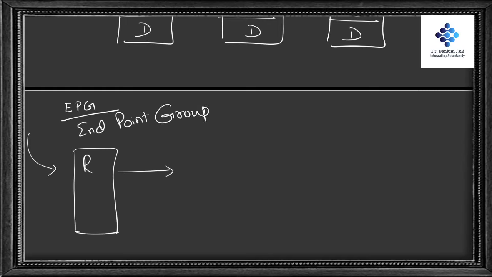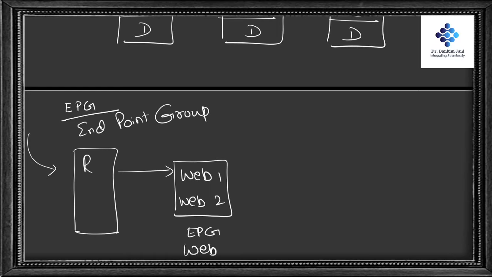So in our network, we have, say, a web server. There can be one or two web servers. So we'll make a group of, say, EPG web. So we have made a group of that.